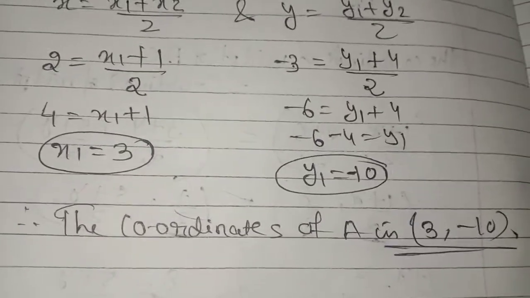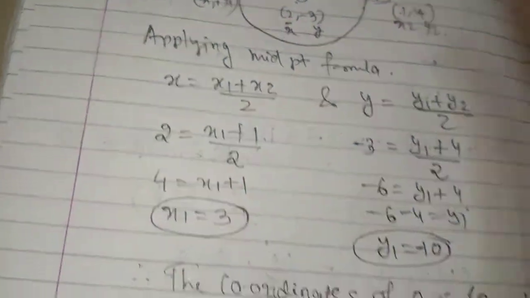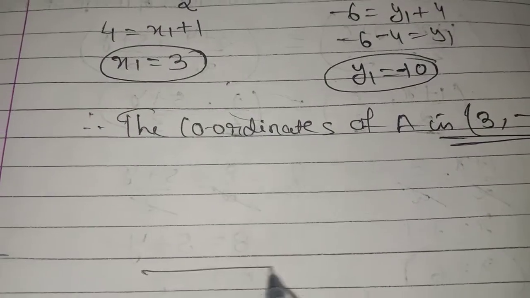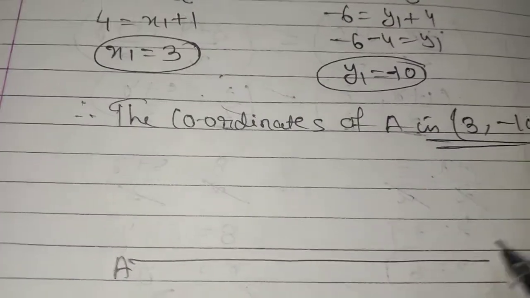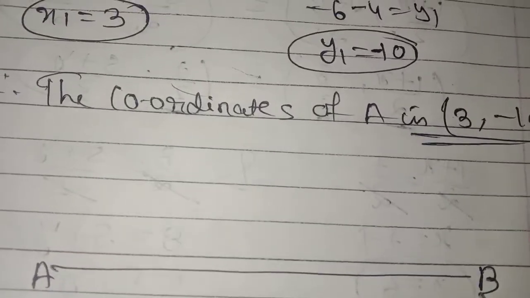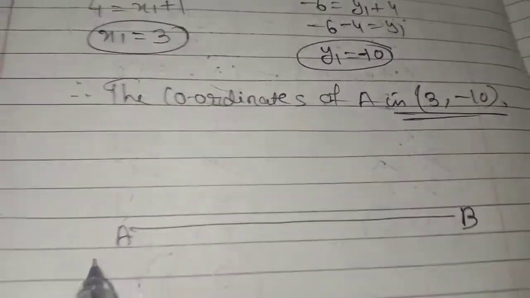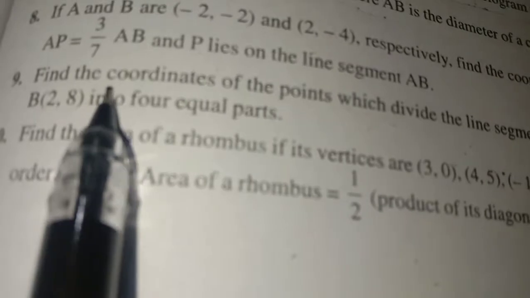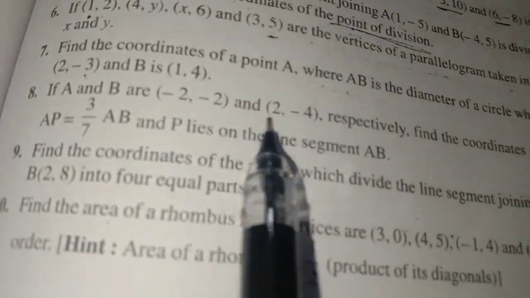Now I am giving you one hint for question number 8 and you have to solve it as an assignment. I am just giving you the hint. See, A and B, the coordinates of A and B are given.